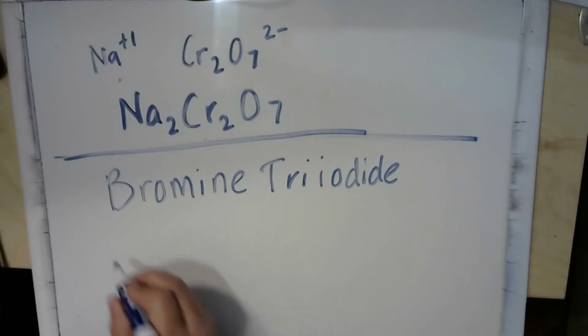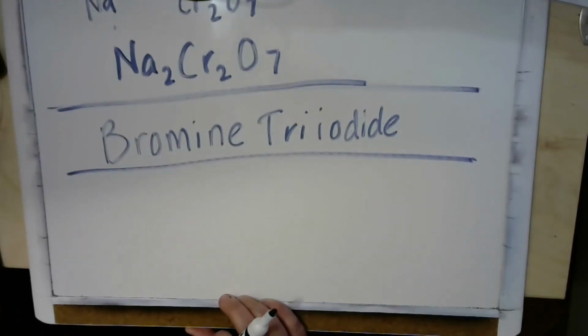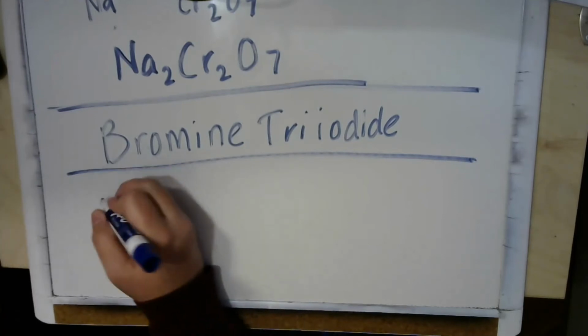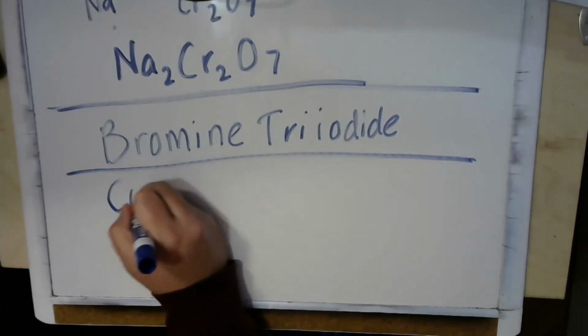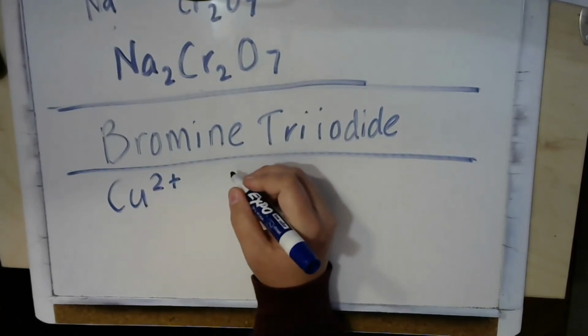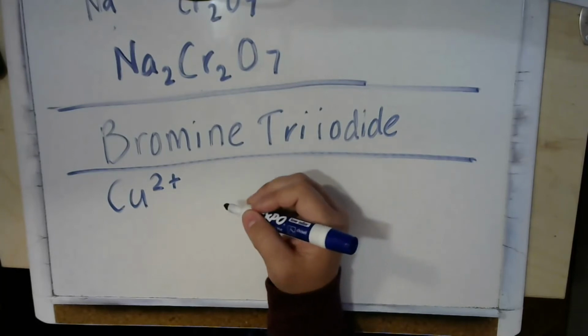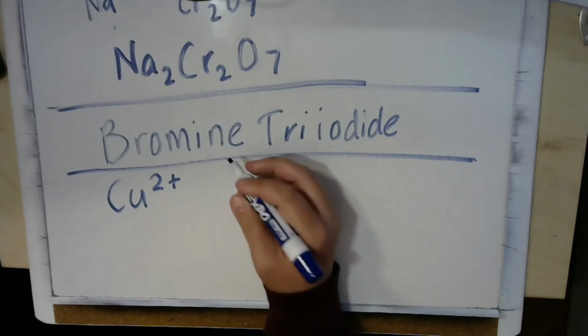Okay, the formula for copper 2 hypochlorite. First, I'm going to write out the charges for both of them. So I have copper 2. The hypochlorite oxyanion is going to be the least oxygenated of the series.